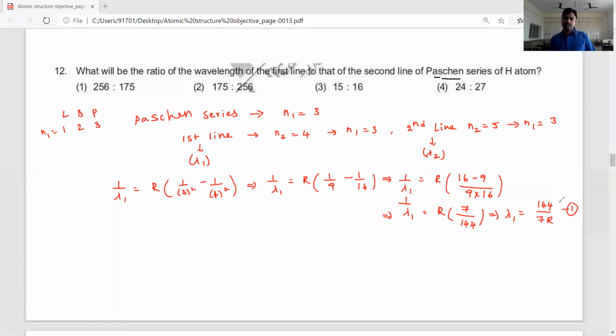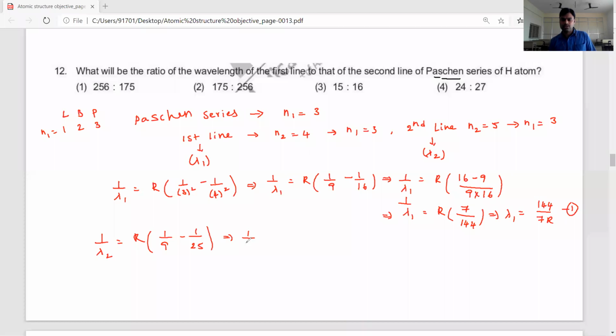Next, the same way we calculate 1 by lambda 2. 1 by lambda 2 is equal to R into 1 by 9 minus 1 by 25, since 5 square is 25. Now the LCM is 9 into 25.